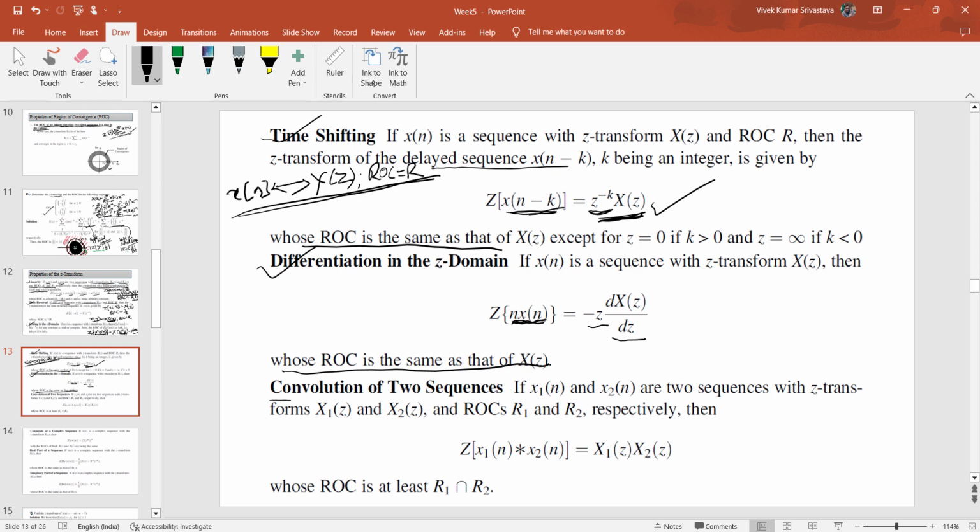Now the sixth property is convolution of two sequences.